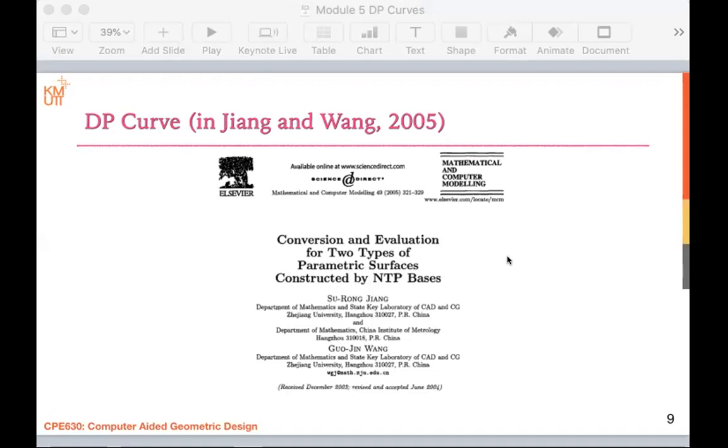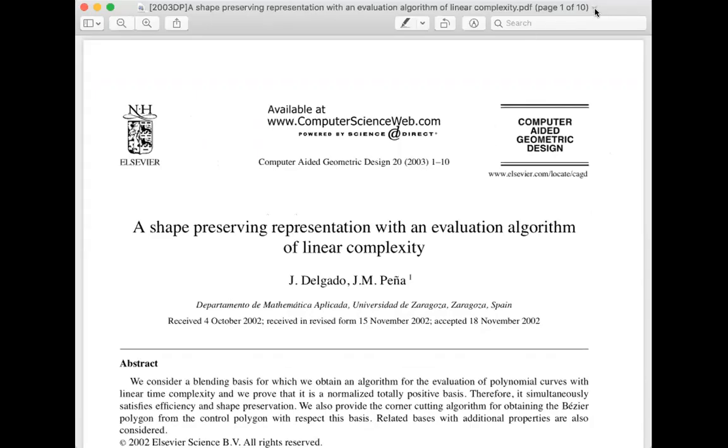Delgado-Pena 2003, right? Okay, let me show you the paper. Okay, you can see this paper, 2003, right?